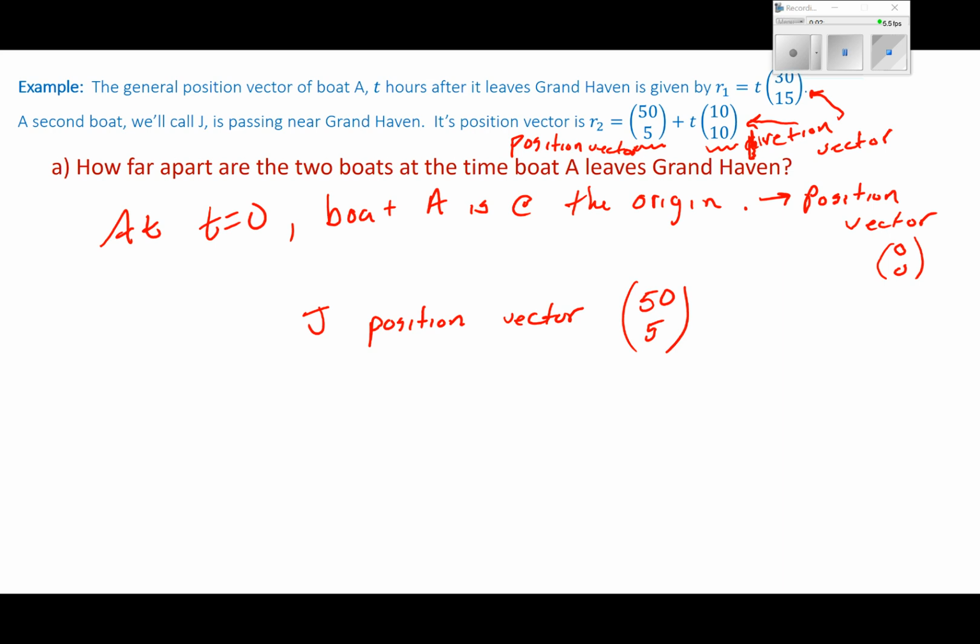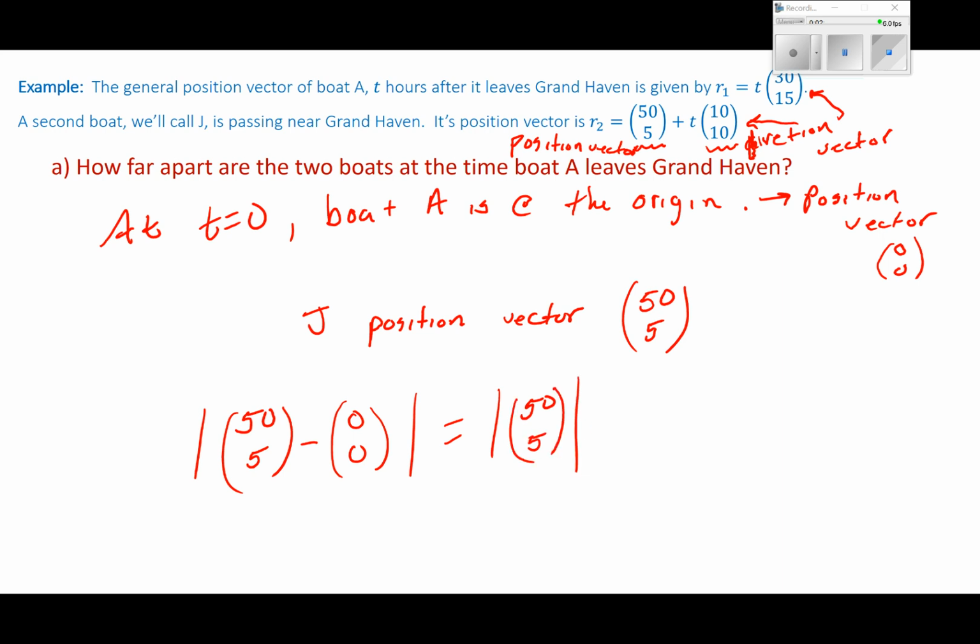So the distance between these two is simply the magnitude of the vector (50, 5) minus the vector for A, (0, 0), because we're trying to find that distance.